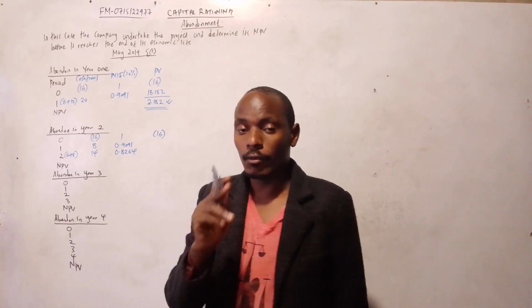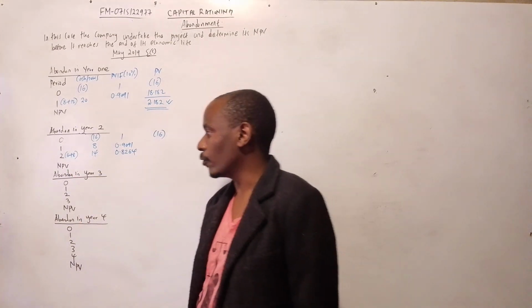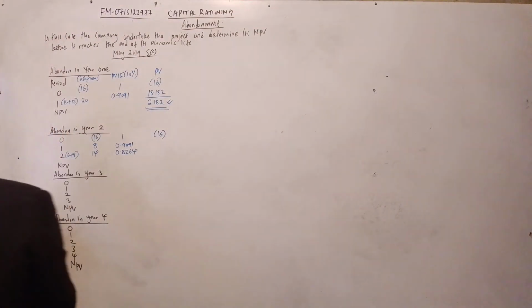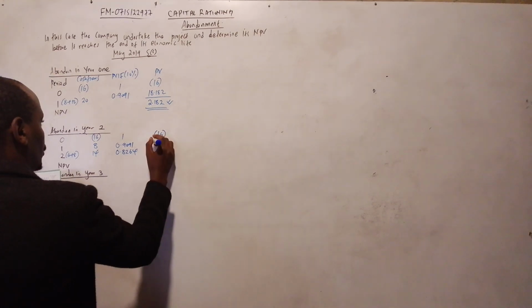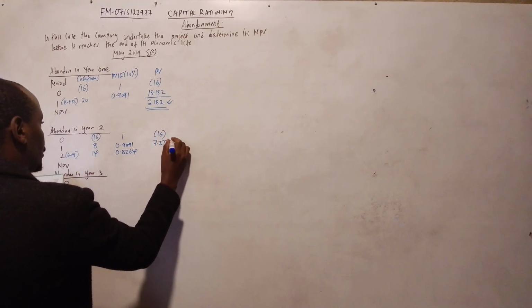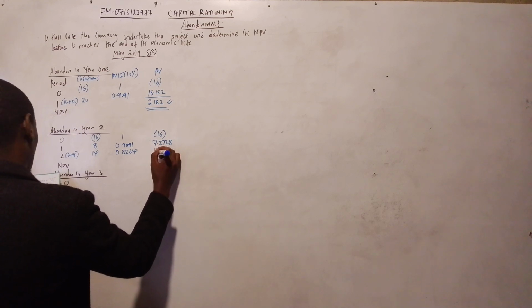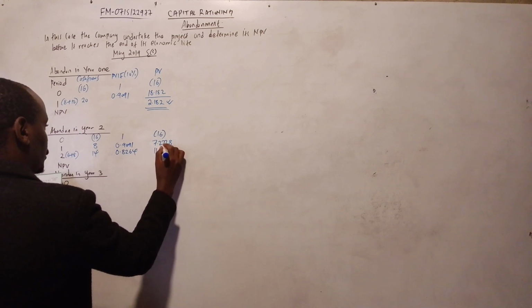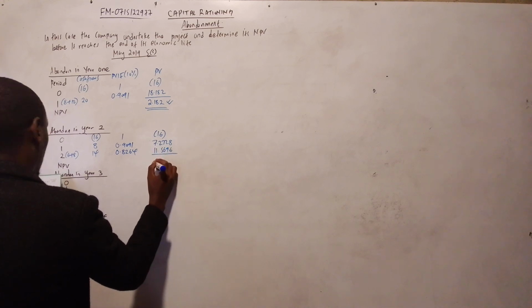Then you get the figures 7.2728 and 11.5696. So the NPV is 2.8424.